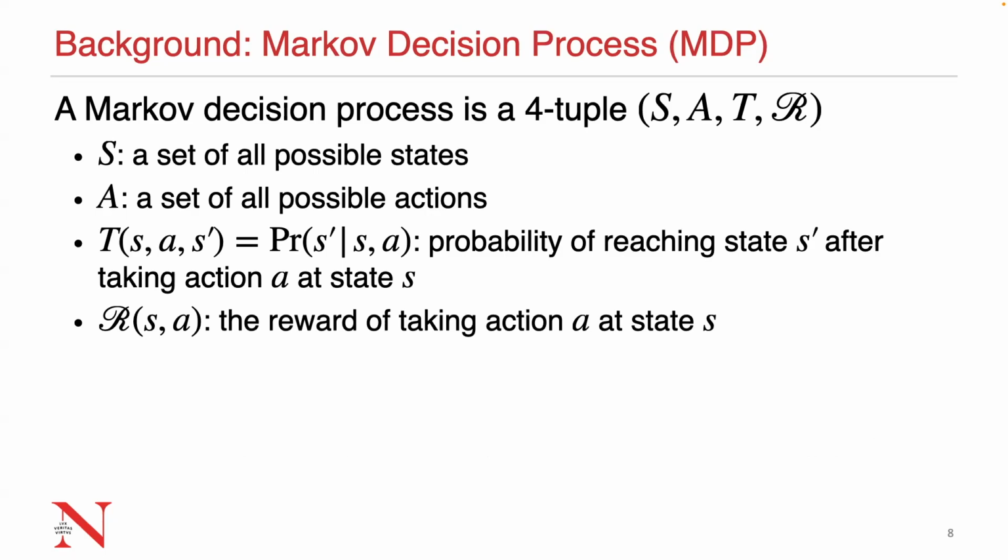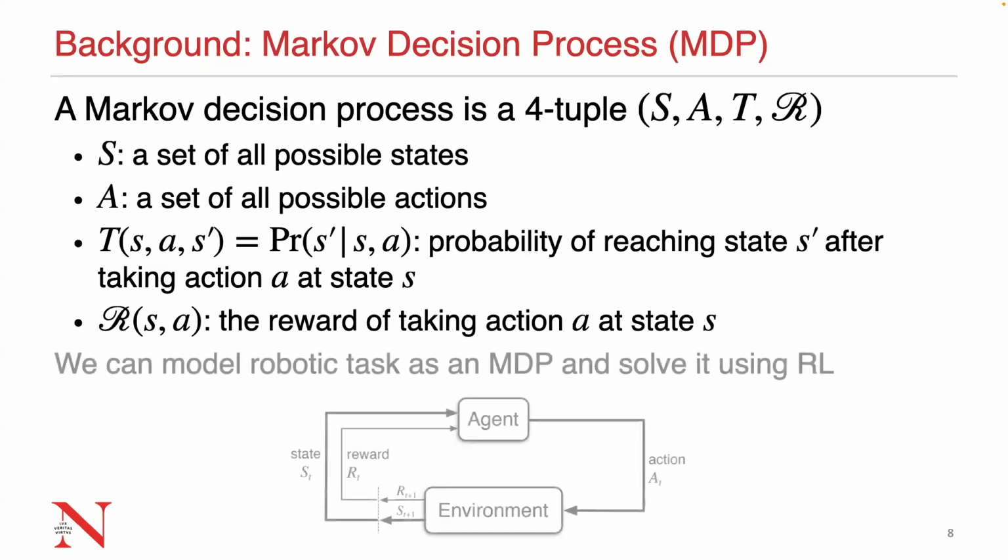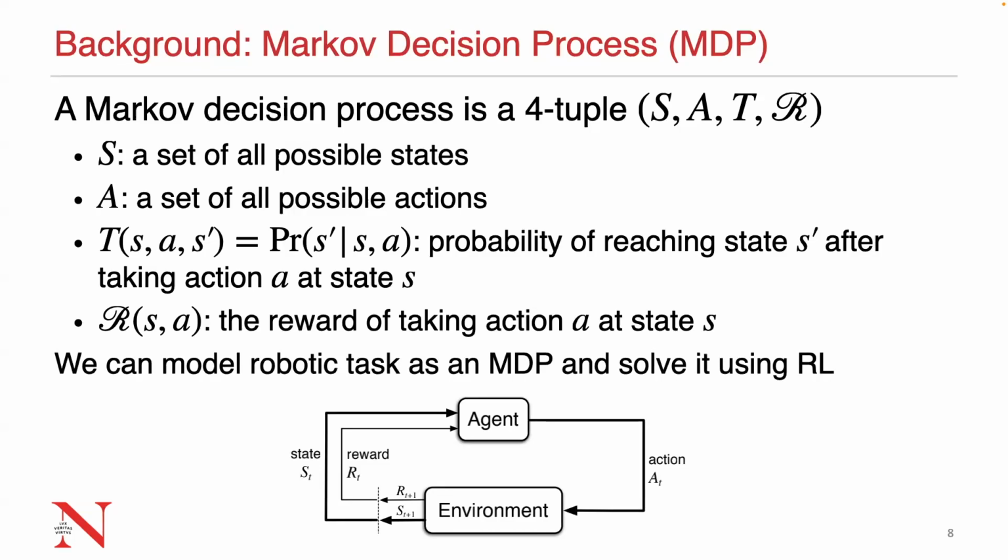And then we also have a reward function, which is a function of state and action that tells us how good it is to take the action A at state S. So once we formulate our problem using an MDP, we can try to solve it using reinforcement learning. I guess a lot of you might know AlphaGo or related algorithms that are basically built on reinforcement learning.